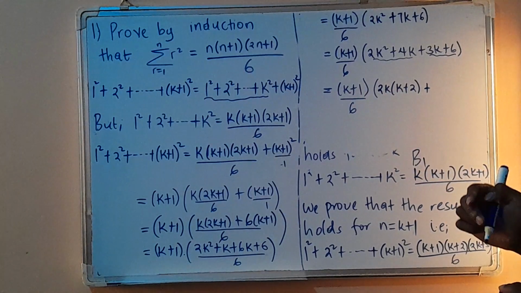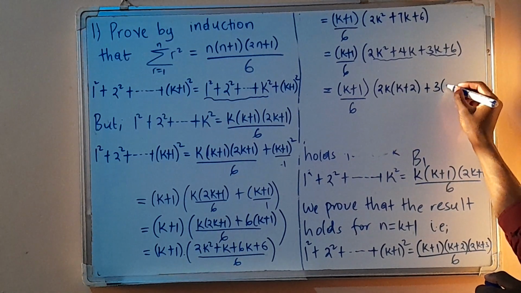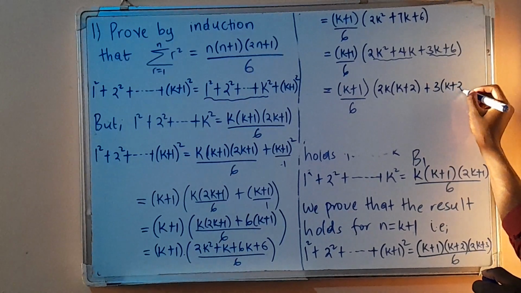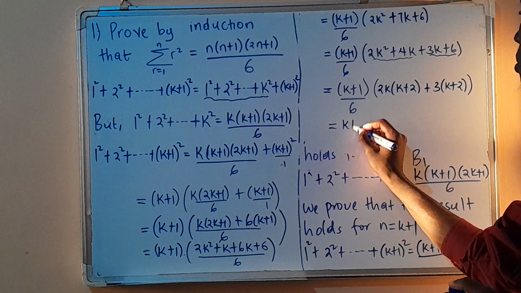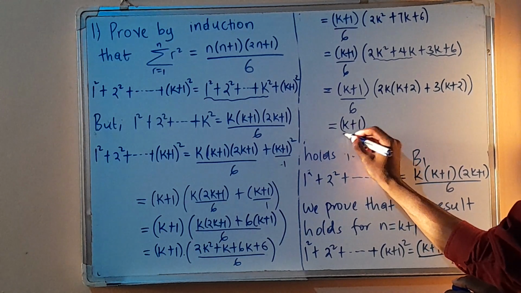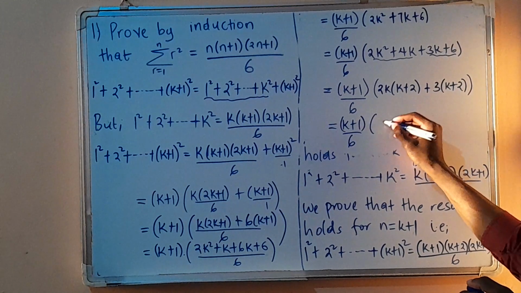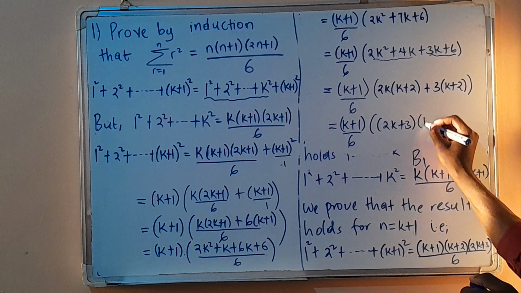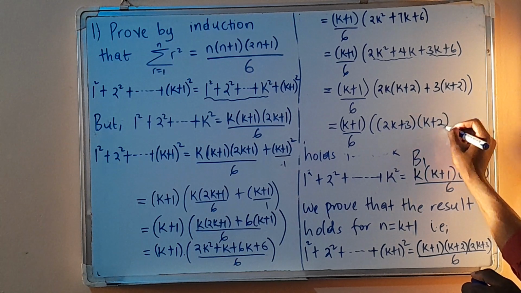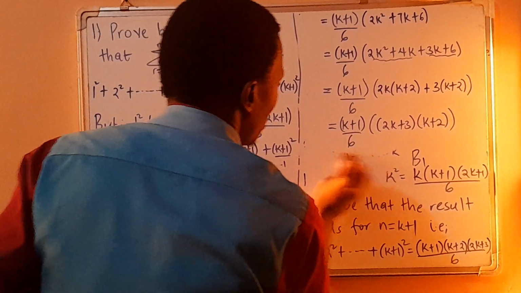That's why 2k can be factored out. Also here, 3 is common. Put it outside, we shall have k plus 2. And this becomes k plus 1 over 6, then 2k plus 3, k plus 2.